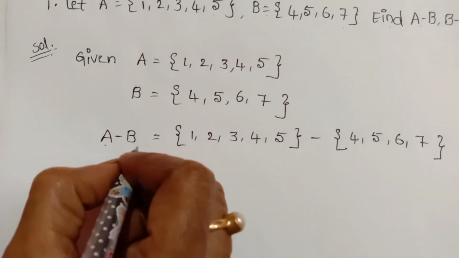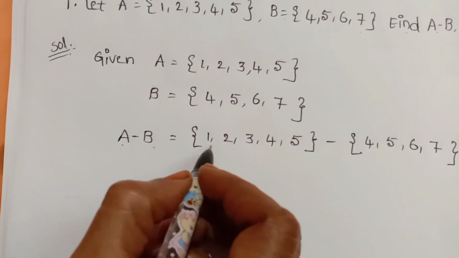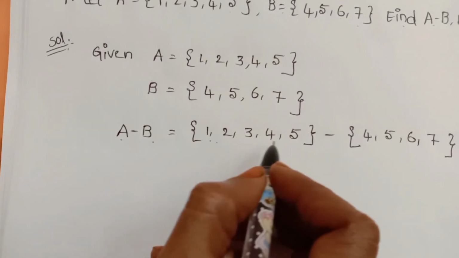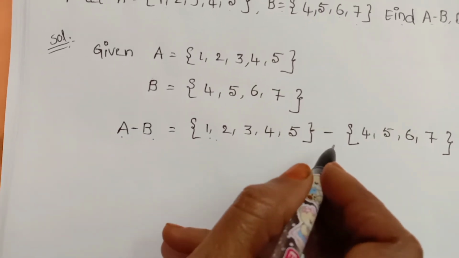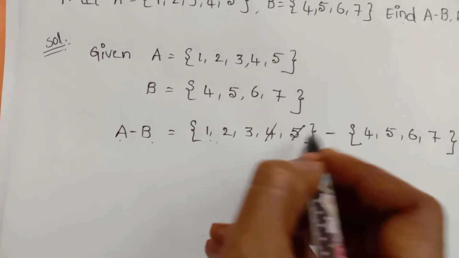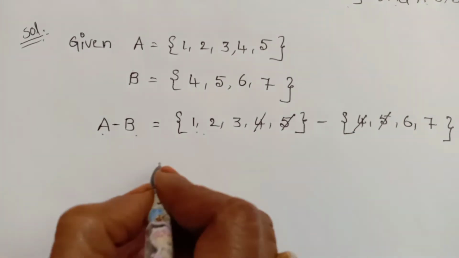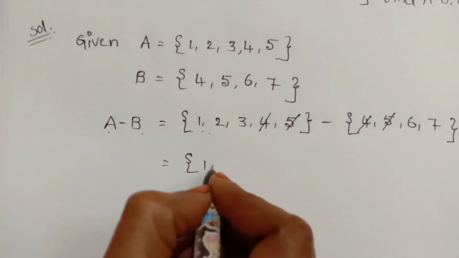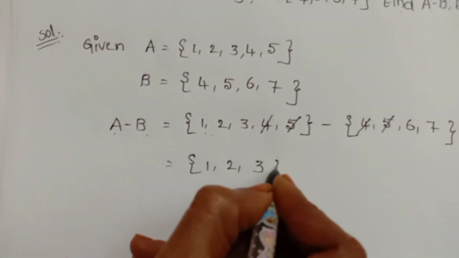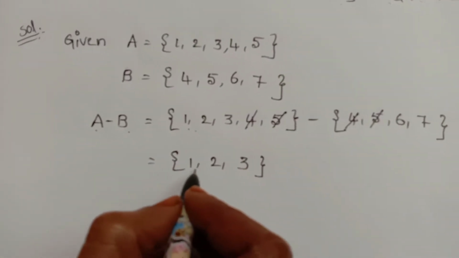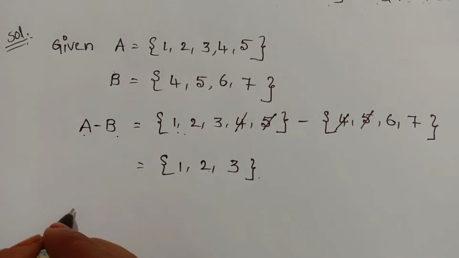A minus B means only the elements which are in A but not in B should be taken. 4, 5 are removed. A minus B is 1, 2, 3.